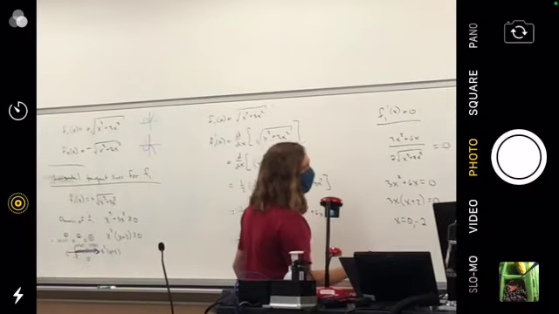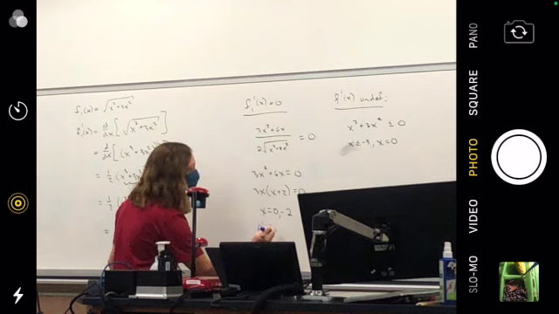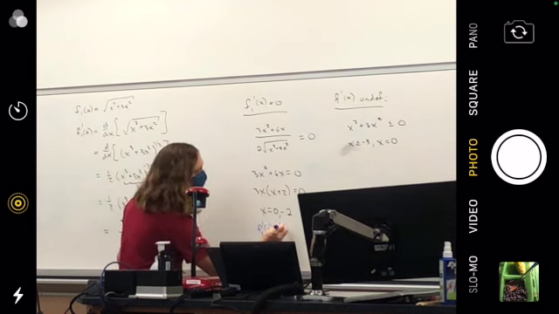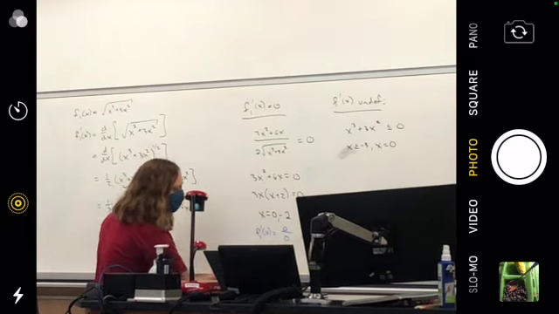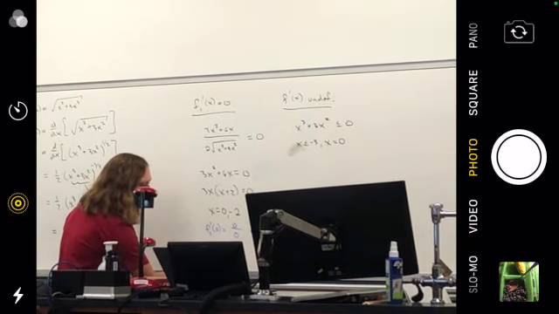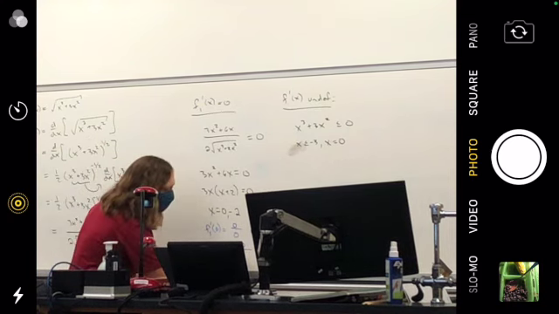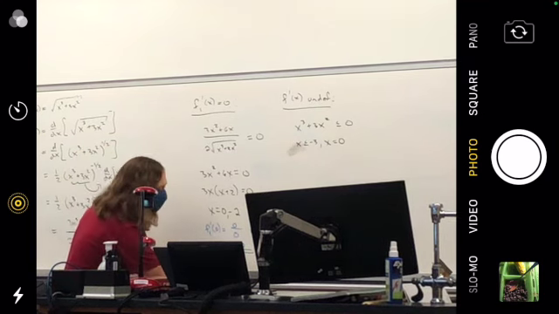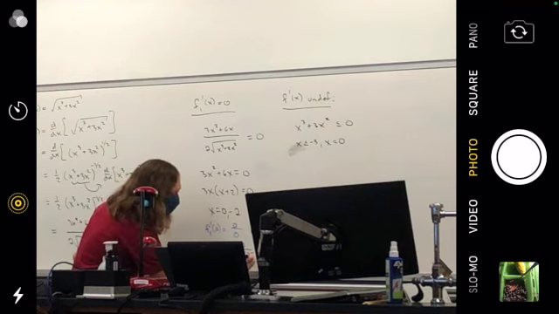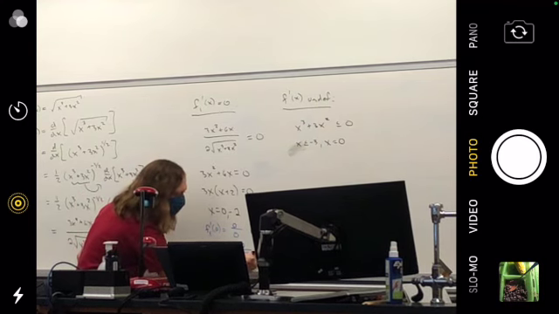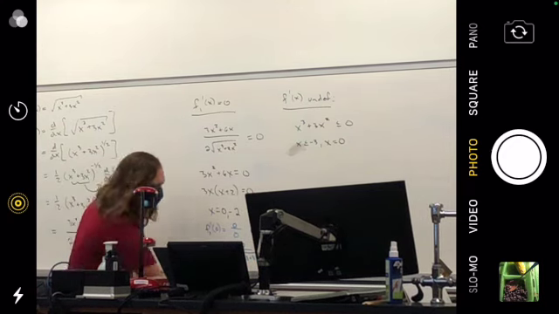I got 0, negative 2. What happens if I plug in 0? So f1 prime of 0 is 0 divided by 0. So that's undefined. If I plug in f1 prime of negative 2, I get 0 divided by 2 times the square root of negative 8 plus 3 times 4, which is 0 divided by 2 times the square root of 4.